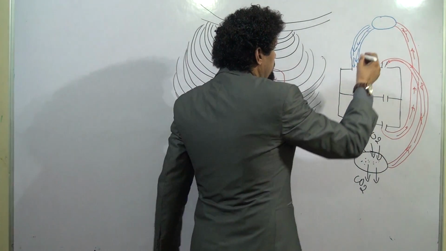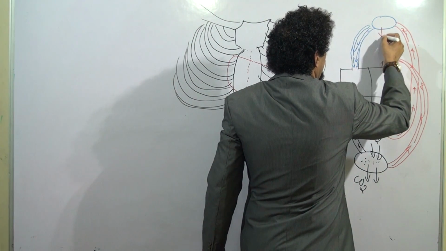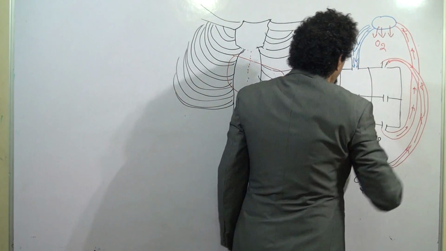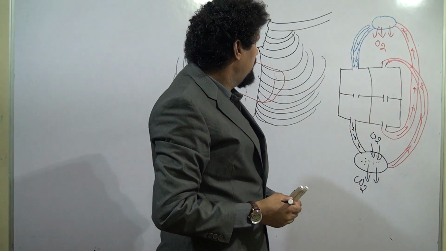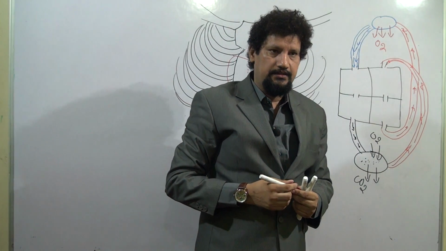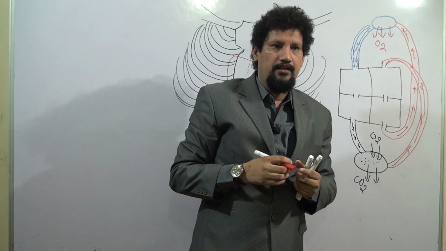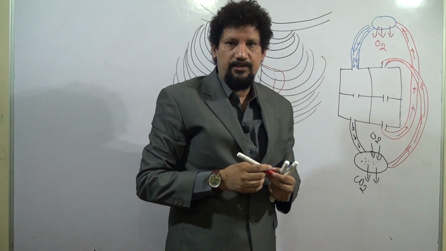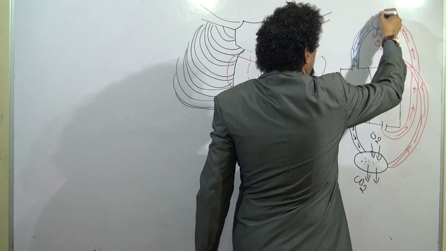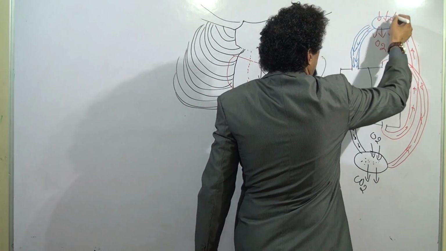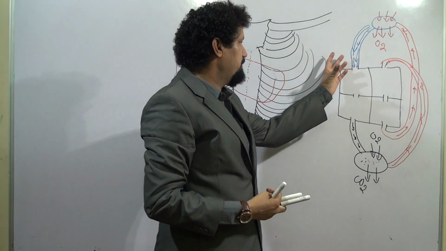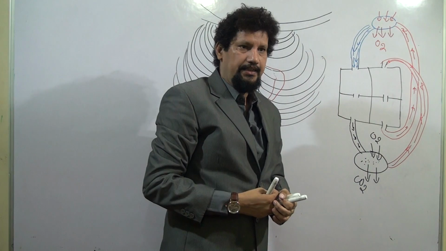So the oxygen is leaving the blood, and after metabolic activities and cellular respiration, carbon dioxide, which is the end product of the metabolism, is entering in the blood. So this is the general plan of the circulatory system by the heart.